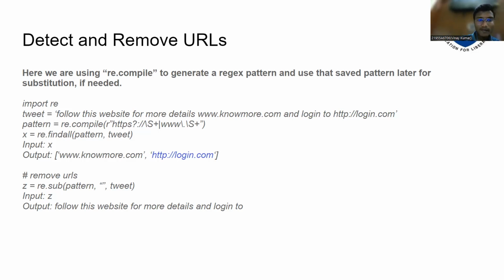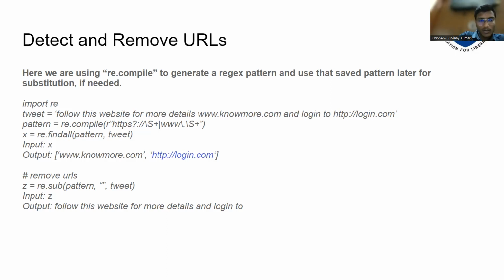So we are using the compile method for identifying those URLs, which consist of www dot at the start, and at the end of the string they might consist of anything. So we are inputting \S+, which means anything. Anything that starts with www dot will be stored as a URL in the pattern variable.